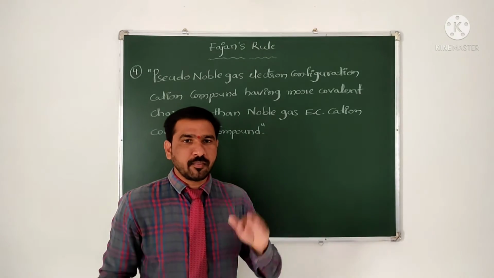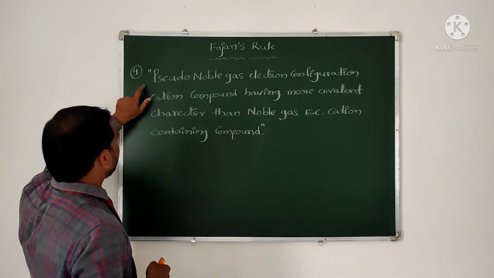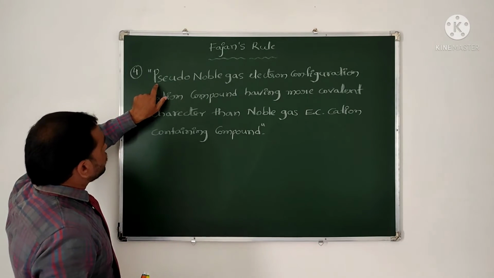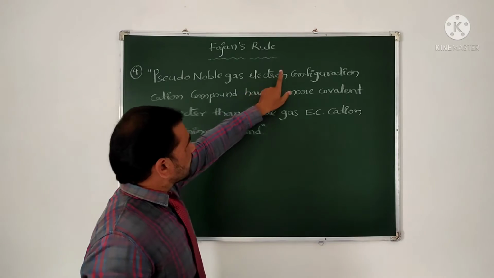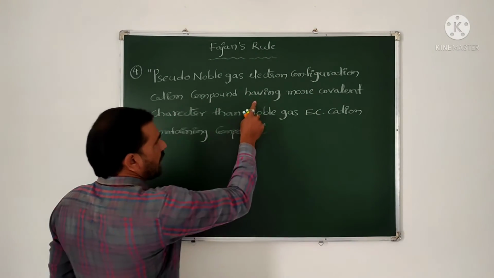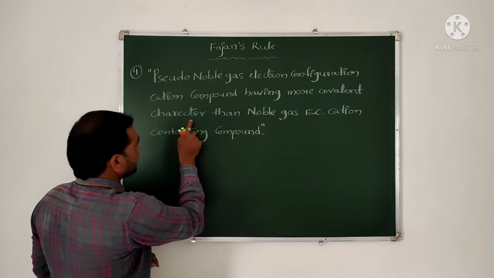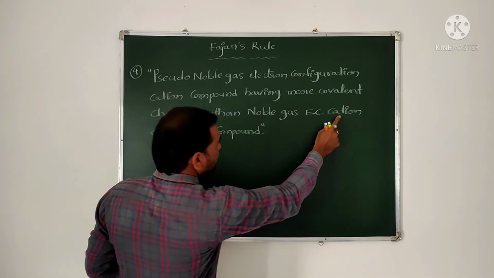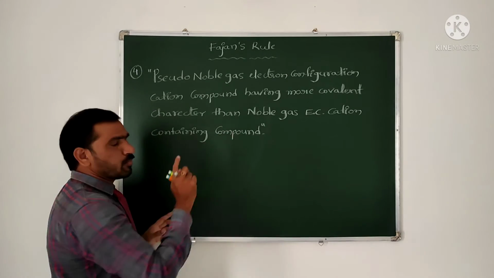Then coming to the fourth rule, this is the last rule of Fajan's rule. Pseudo noble gas electron configuration cation compound has more covalent character than noble gas electron configuration cation containing compound.